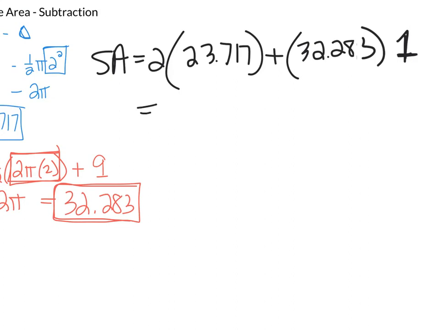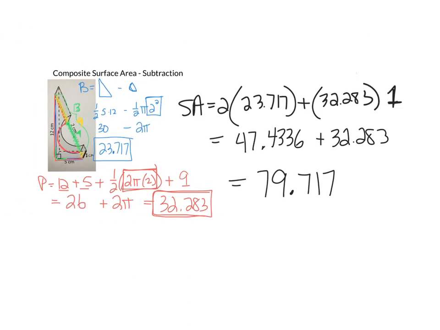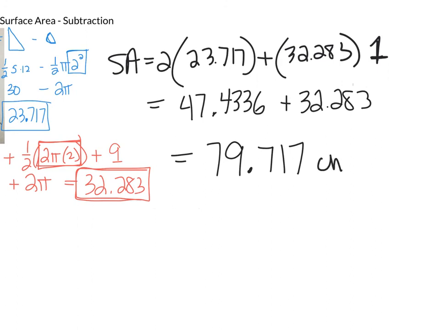Okay, so let's multiply this by 2. That gives us 47 and change. And this is still 32. So when I add these two things together in my calculator, I get a total surface area of 79.717. And the units are centimeters.